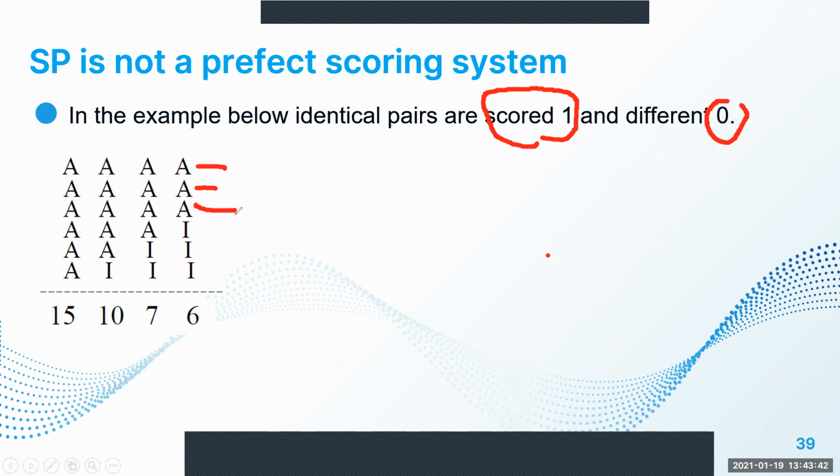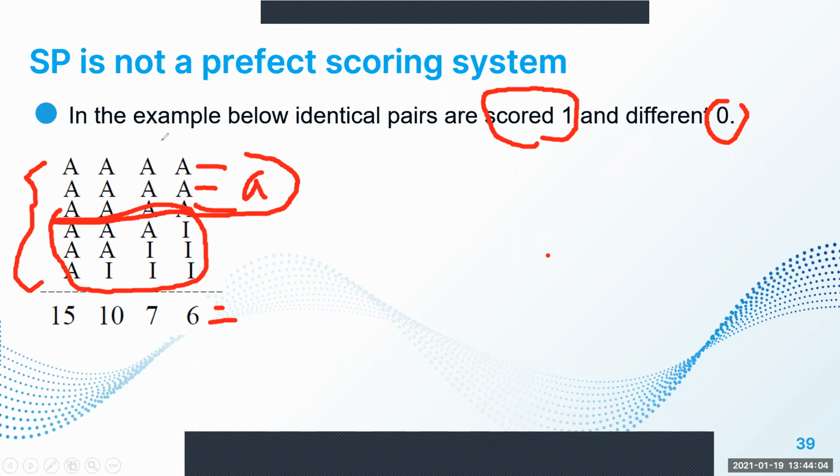These are the same sequences, let's suppose sequence A, and these are different sequences. If you align all these 6 together and calculate the value, it is dominated by these same sequences, even though this alignment is not the optimal one and you get a higher value.